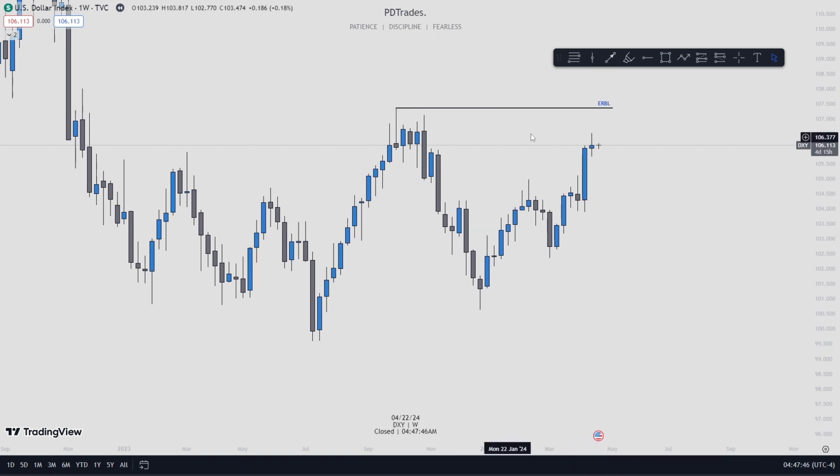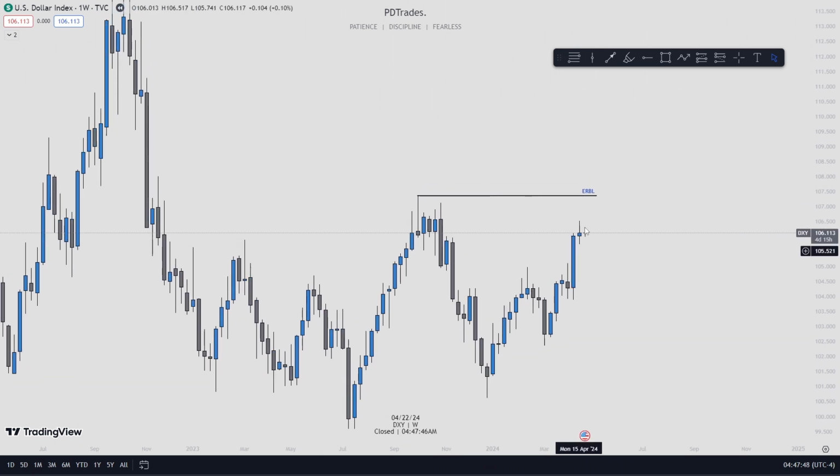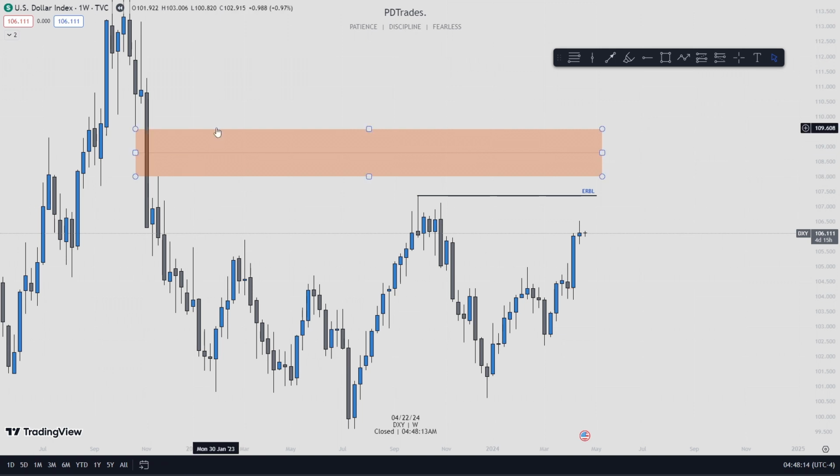Then above that there's a fair value. This is a CB, sell side imbalance, buy side inefficiency, meaning there is an inefficiency to the buy side. So there was a strong displacement to the downside, and there was an imbalance here.